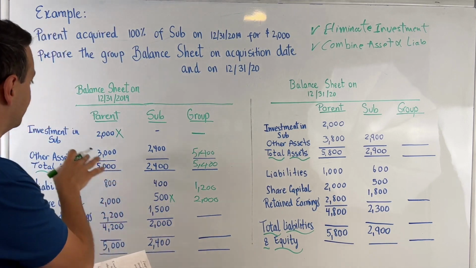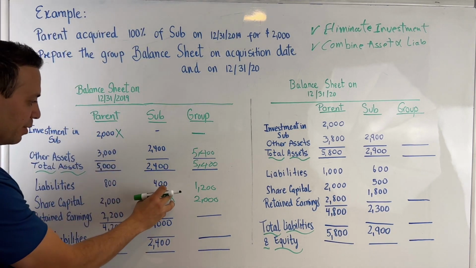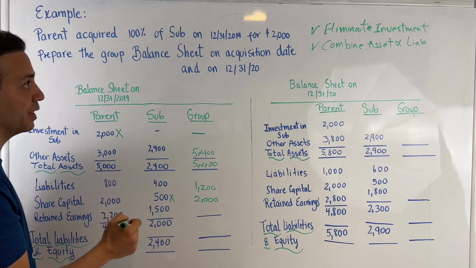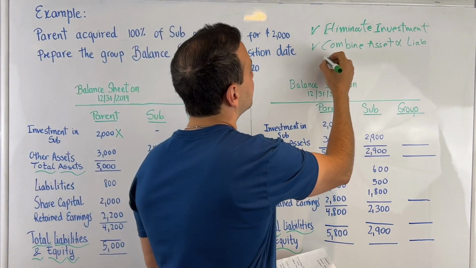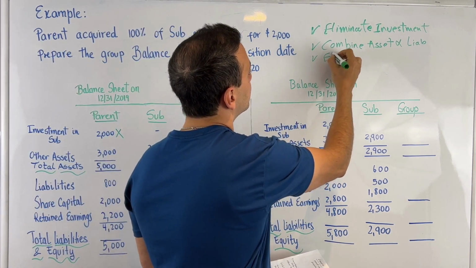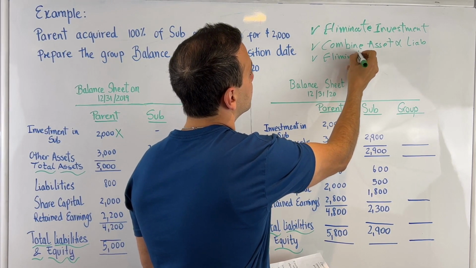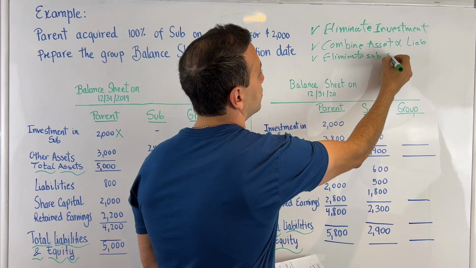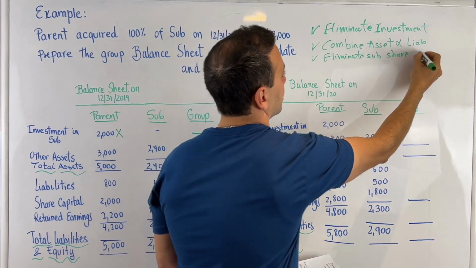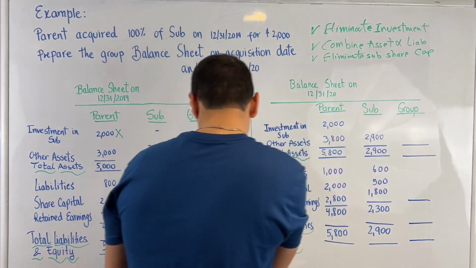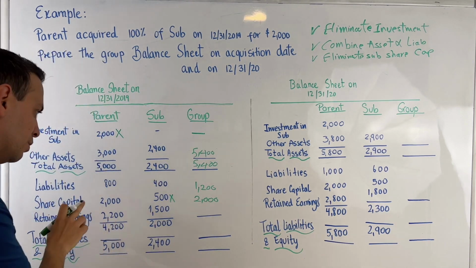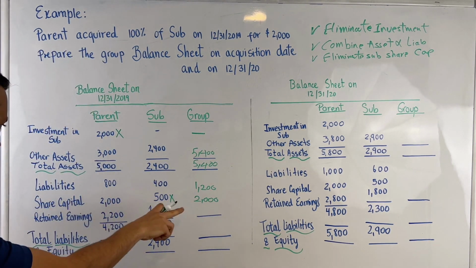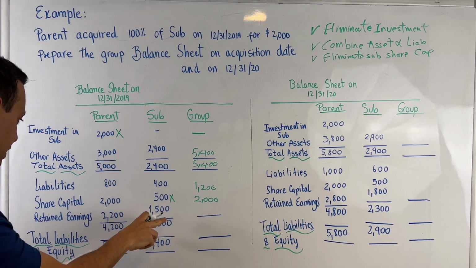That's why we eliminate the investment and the share capital of the actual subsidiary. So eliminate sub share capital.